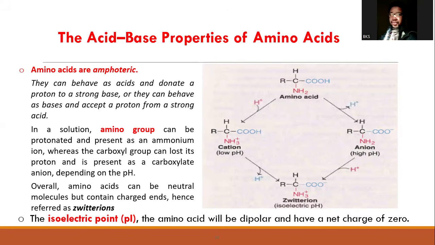The carboxyl group is the one that has the potential to release the proton, which is acidic in nature, and the amino group has the potential to accept a proton to form ammonium. So this is the behavior of an amino acid. This behavior is called amphoteric, and that is what makes an amino acid regarded as an ampholyte.